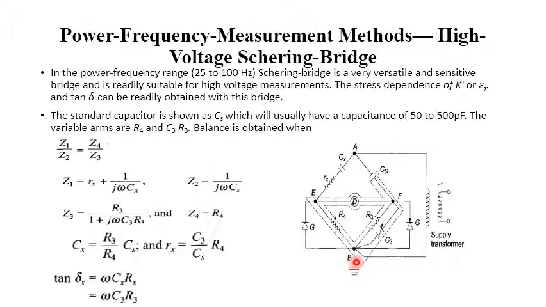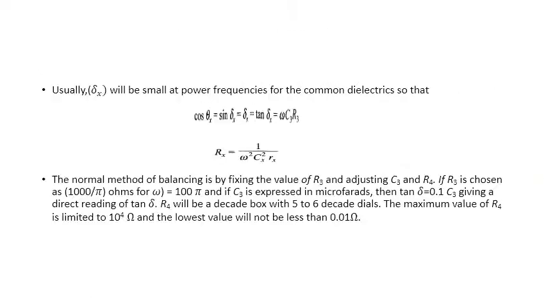Compensation for the stray capacitance is also given by providing an RL circuit across the R4 value. This is the general arrangement for the measurement, and this is the explanation we made. The Cx value and tan delta, that is the loss angle, at small power frequencies for common dielectric materials, is cos theta x given as omega C3 R3, and Rx can be written as 1 by omega squared Cx and the Rx value.